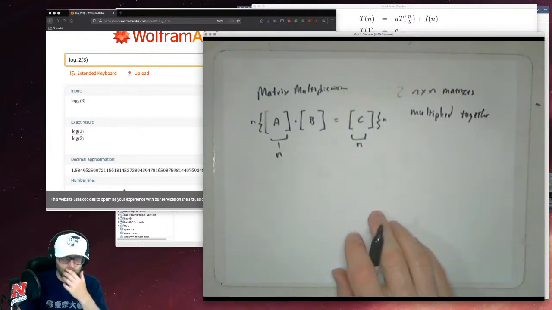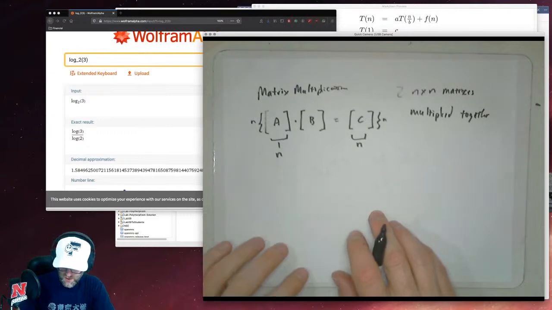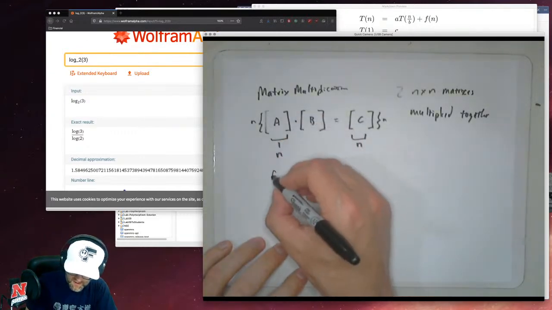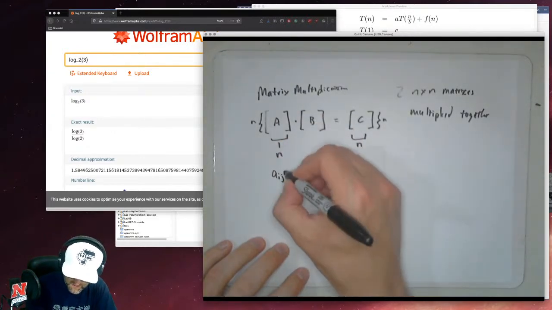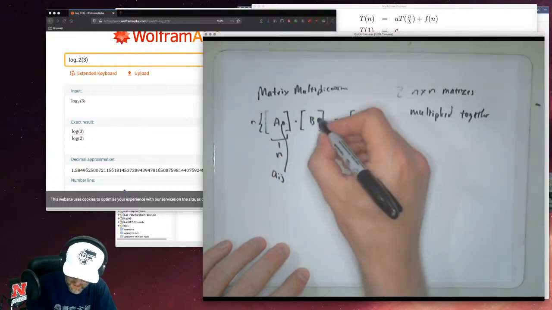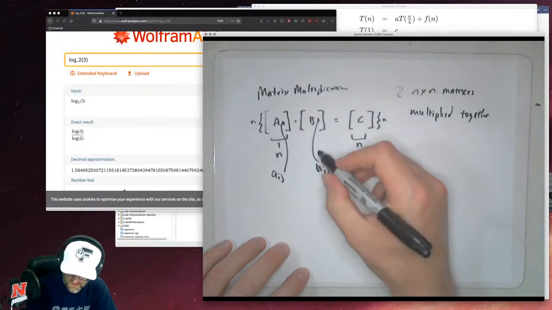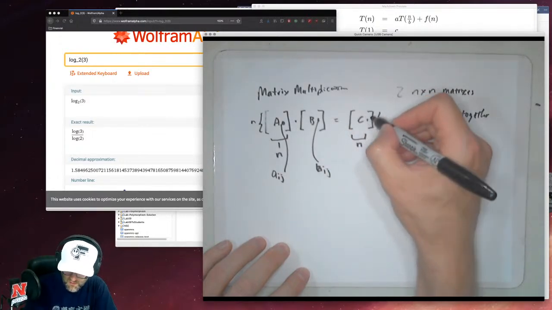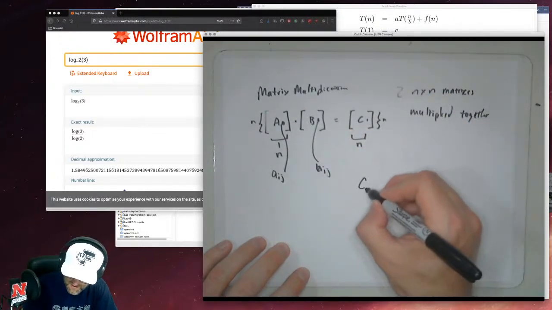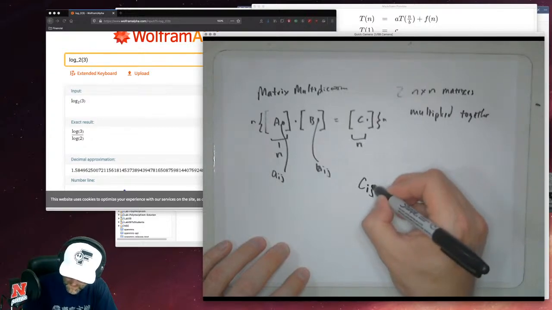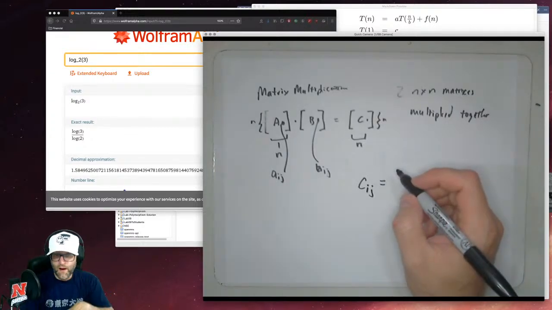Now, using just the straight up definition of matrix multiplication, if each one of these has a sub ij entries, right? This is one particular entry over here, and there's another particular entry over here, b sub ij, and that produces some other entry over here, c sub ij. C sub ij is actually going to be a vector.